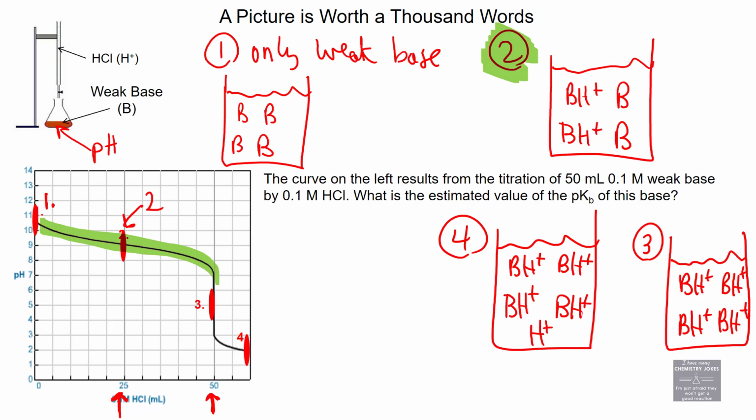At the precise moment where you're halfway to the equivalence, your picture looks this way. But if you're at, let's put another number, point number 5, you're going to have a mixture of BH plus and B at point number 5. Come on, PowerPoint.